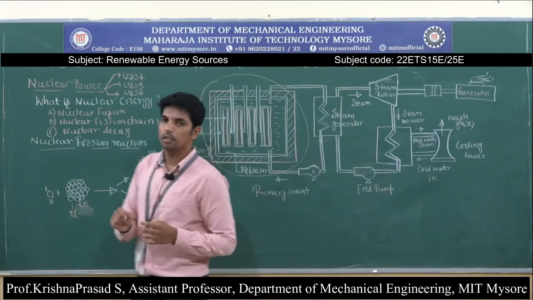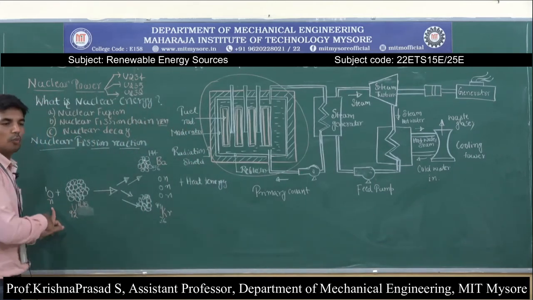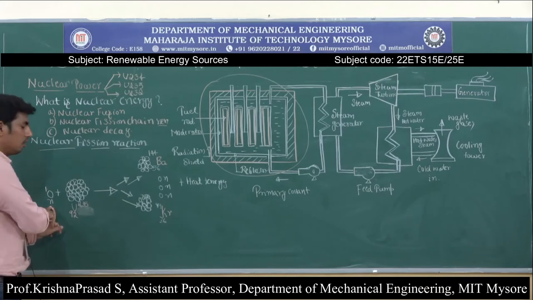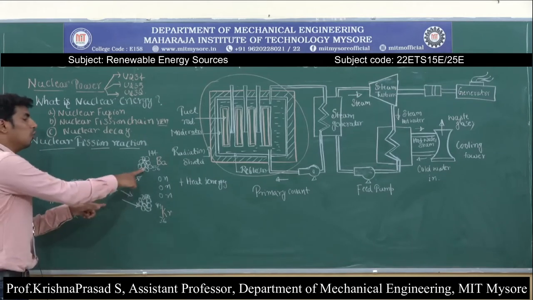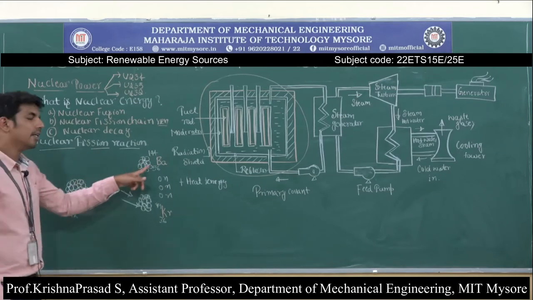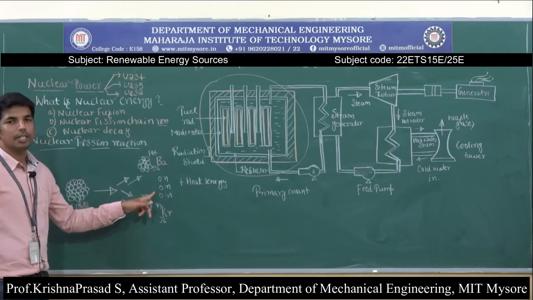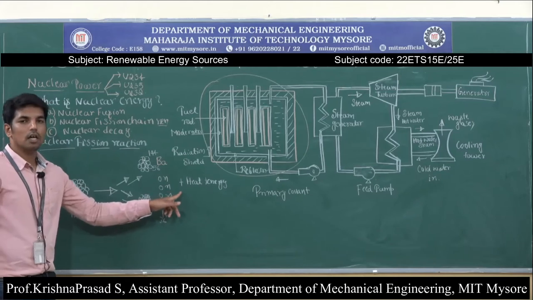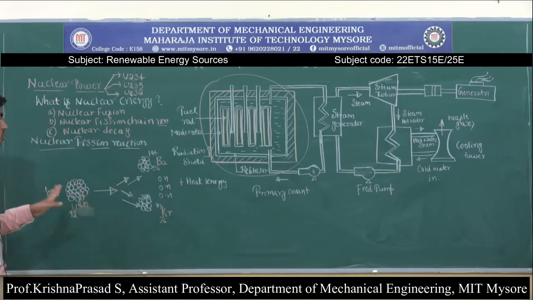Observe here, in the nuclear fission chain reaction, one neutron is bombarded with a uranium 235 atom, and it splits into two lighter elements like barium and krypton along with three neutrons, and releases a large amount of energy in the form of heat as well as light. This is the nuclear fission reaction.